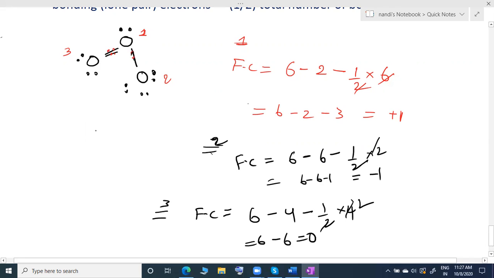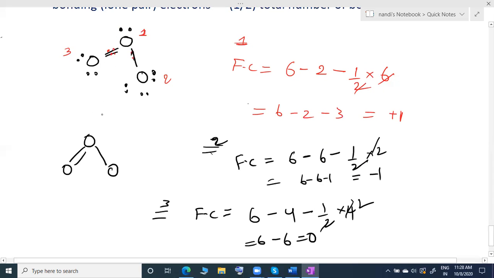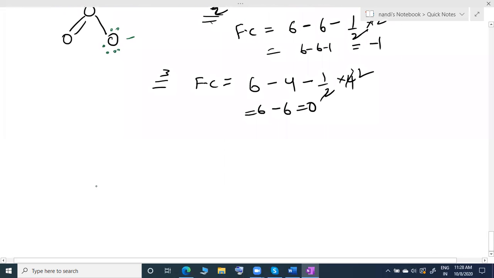So when writing the charges on the structure, oxygen, oxygen: this is positive charge, this is negative charge. This is the actual structure representation of ozone. So shall we try other molecules? You can try carbonate.